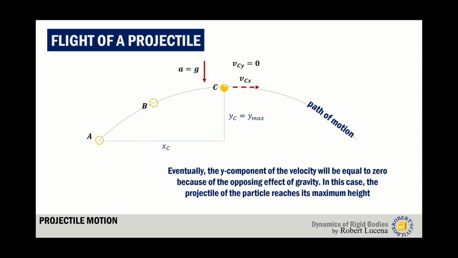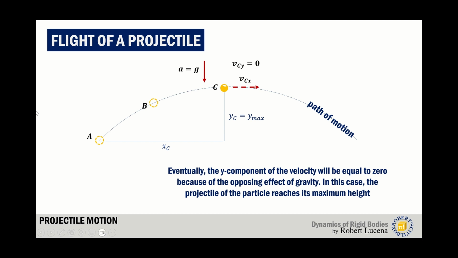Eventually, as the particle traverses the flight of this projectile, the initially positive y component velocity will decrease because of the negative acceleration due to gravity and will eventually reach 0.